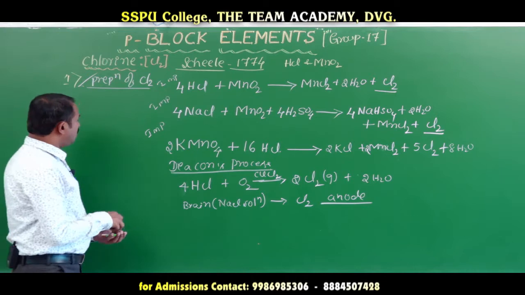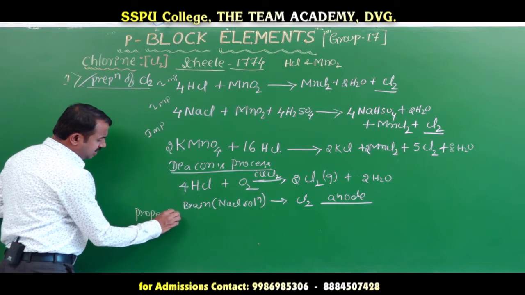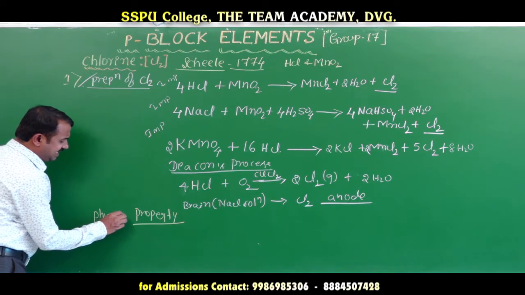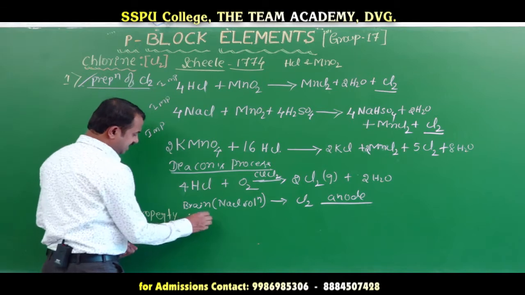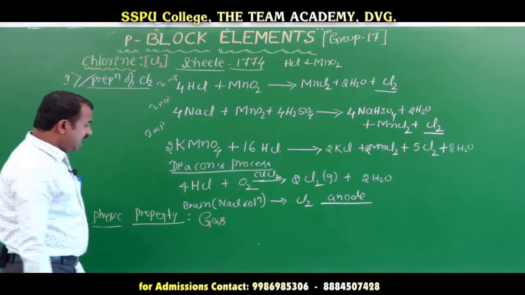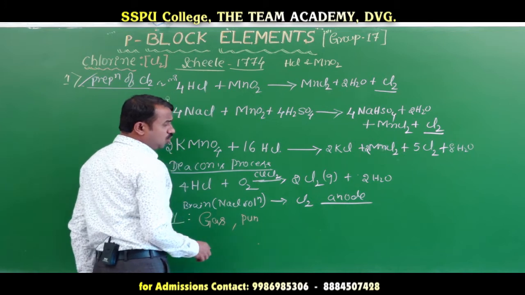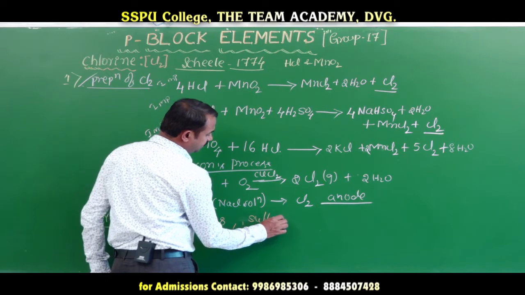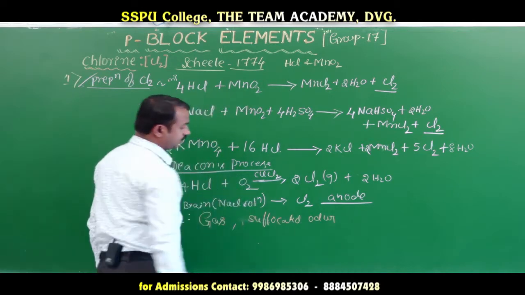Next we will go for the physical properties of chlorine. What are the physical properties? Chlorine is gaseous in nature with a pungent smell and suffocating odor.